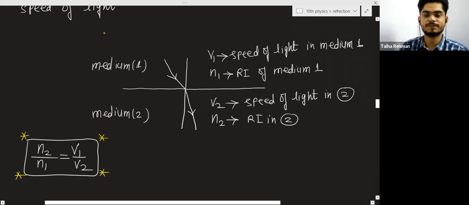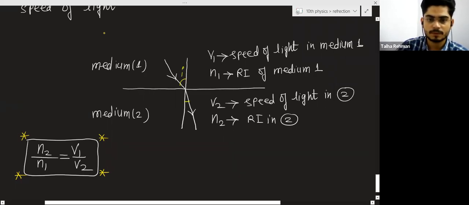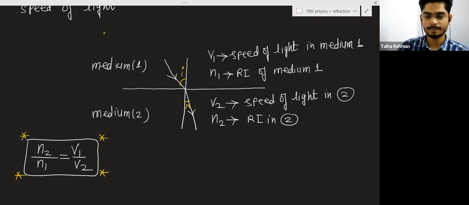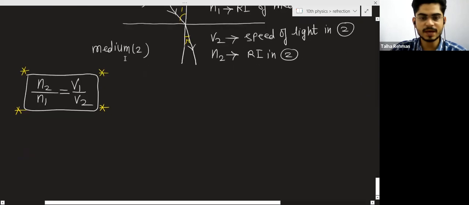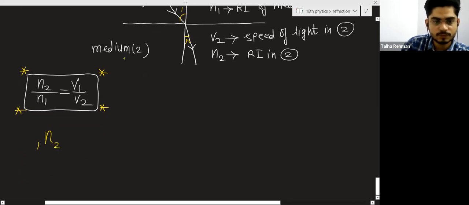This is also very important. And Azaan, I have told you this N2 by N1 can be written as N12. So we can write N12 is equal to V1 divided by V2.